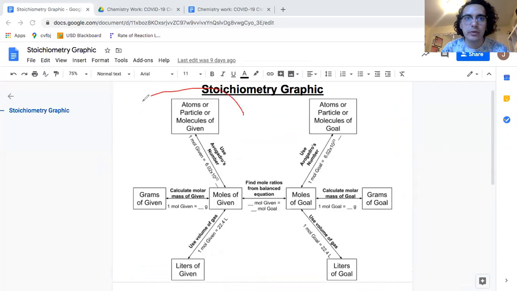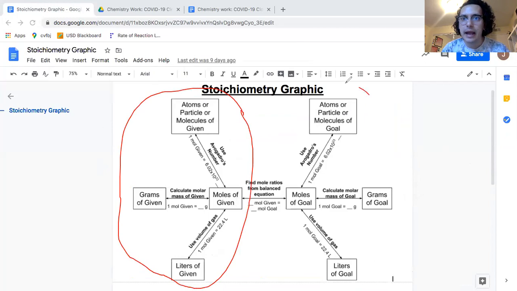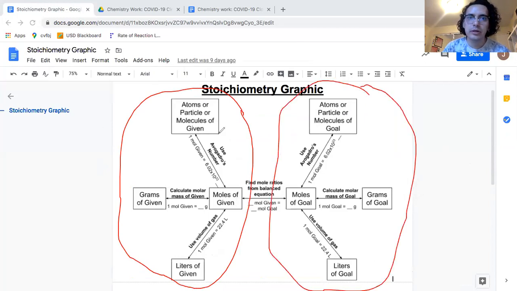You're always going to start somewhere on the left side and end somewhere on the right side. You might start with the grams of your given, or the liters of your given, and end with the atoms of the goal.